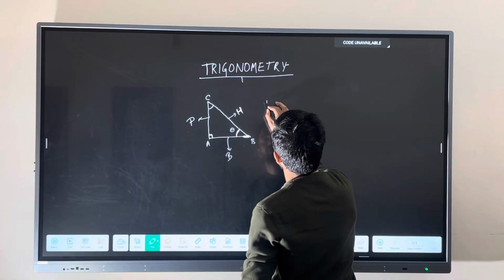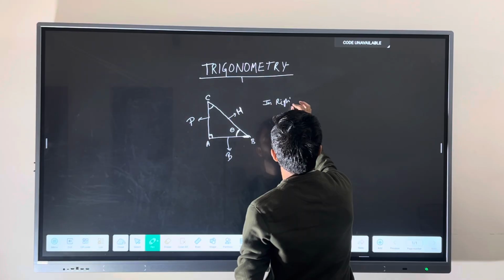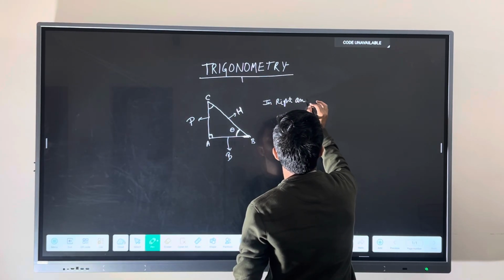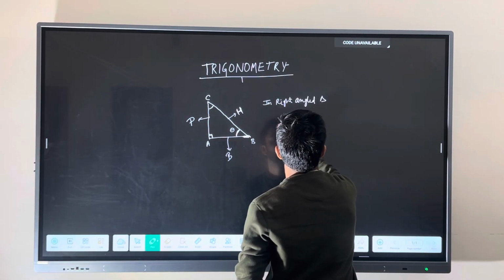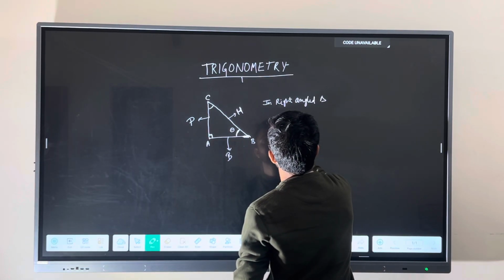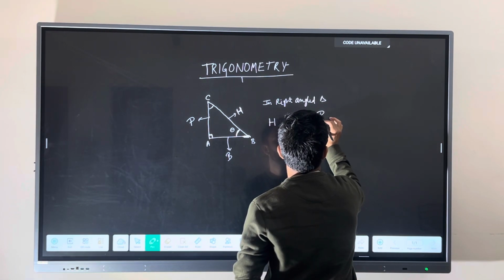So in a right angled triangle, we have hypotenuse, perpendicular and base.